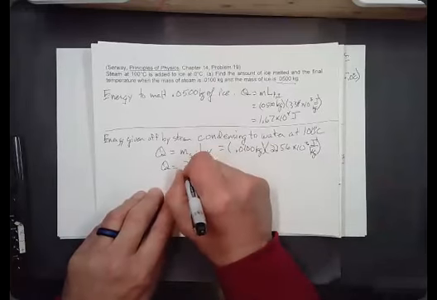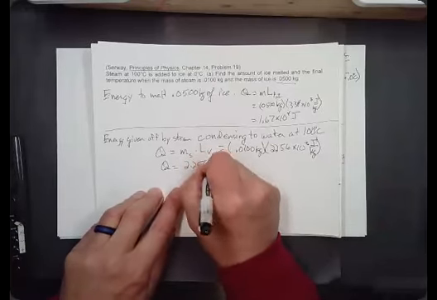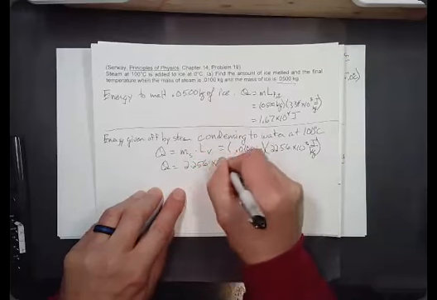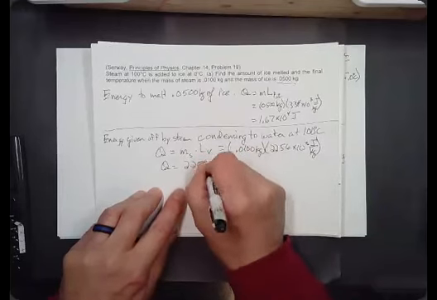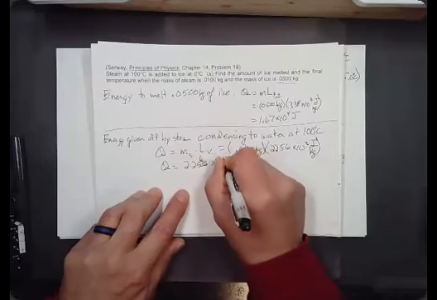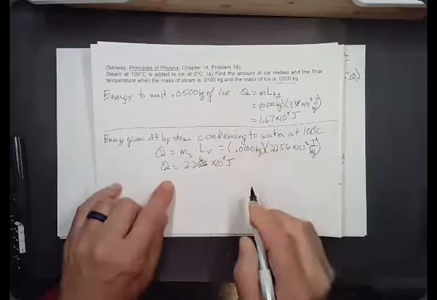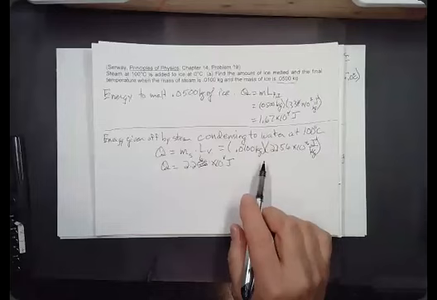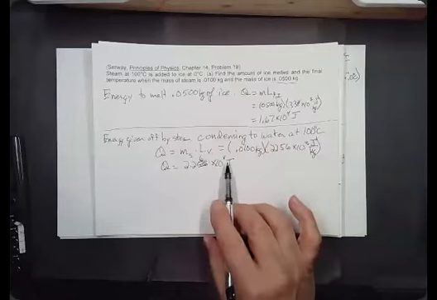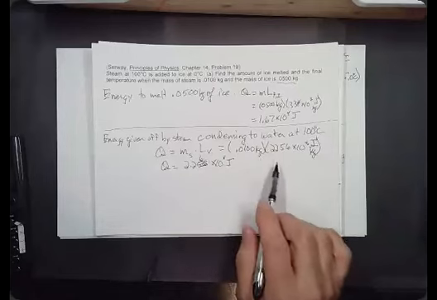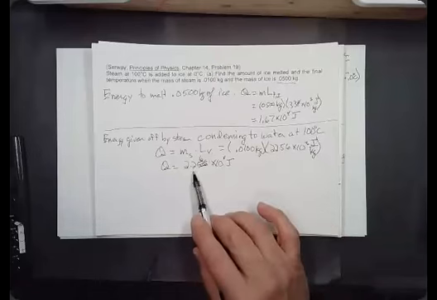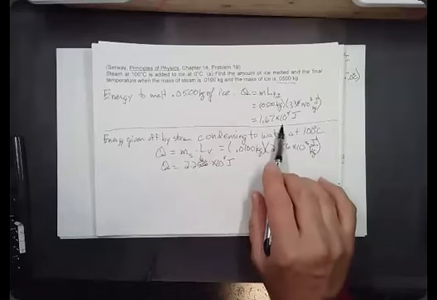We have 2.26 times 10 to the fourth joules as how much energy that steam would lose condensing from steam to water. Well, this number is bigger than that one.